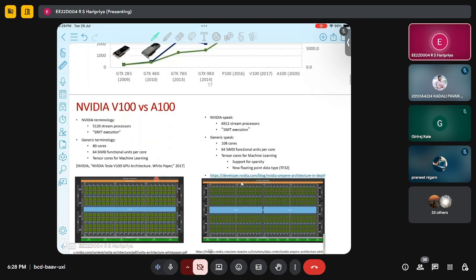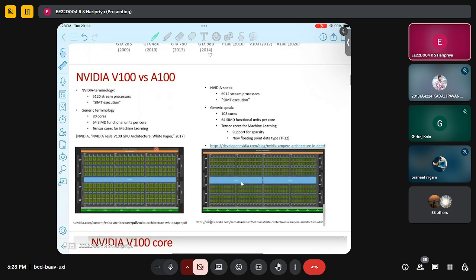Next, we see two versions of the NVIDIA GPU, the Volta series and the Ampere series.